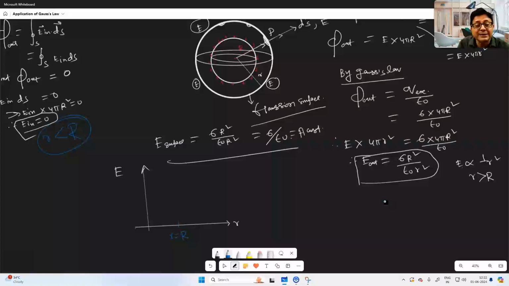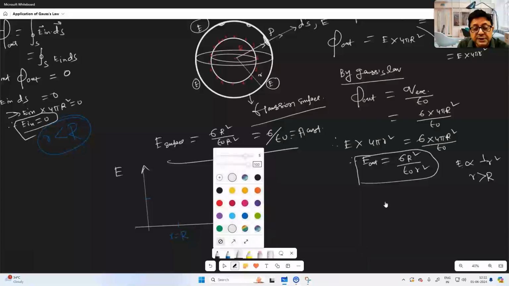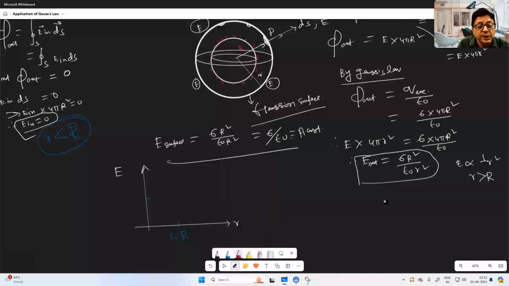After that, at exactly equal to R, the electric field is, wait, let me use a different thing for this. Just a minute. So for r equal to R, it is sigma by epsilon 0. We did it here. And for r greater than R, it goes on decreasing.